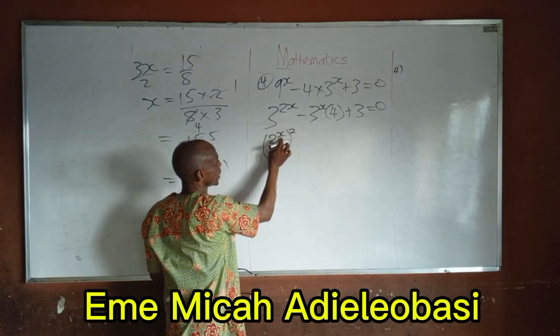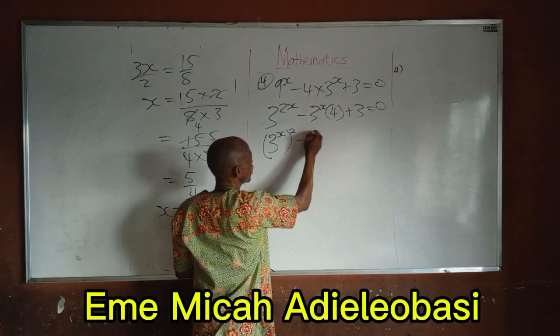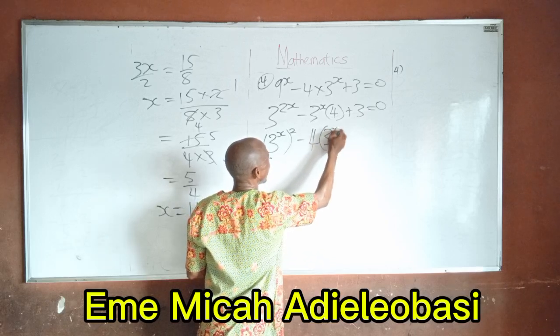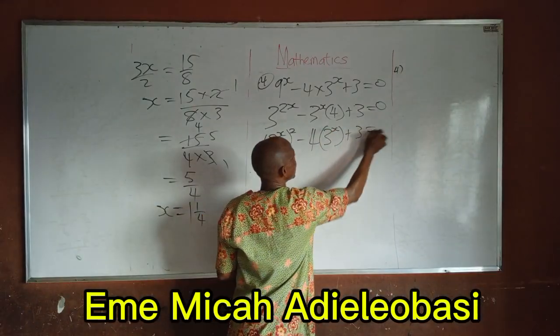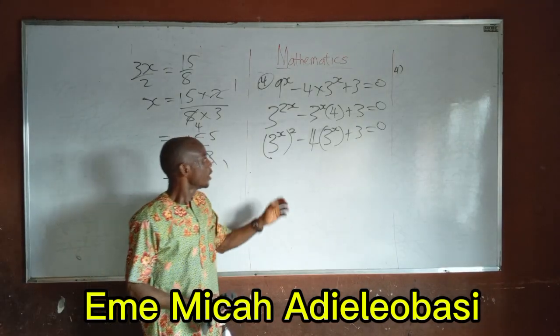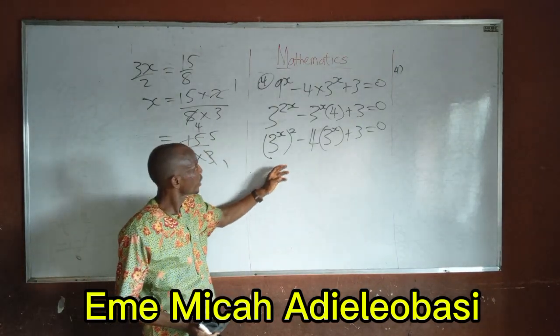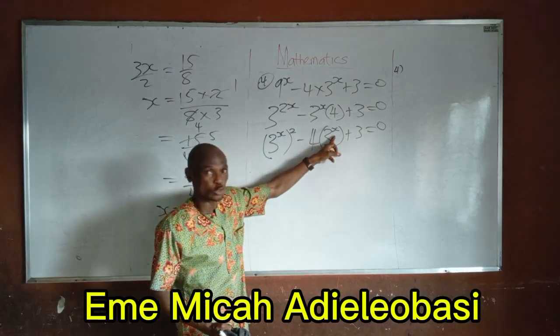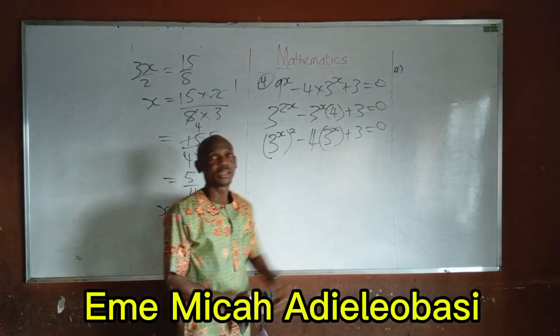This 2x can be written in this form: minus 4, open bracket, 3 raised to power x, then plus 3 is equal to what? 0. Now what do we see? You can see that 3 raised to power x is common, 3 raised to power x is also common here.